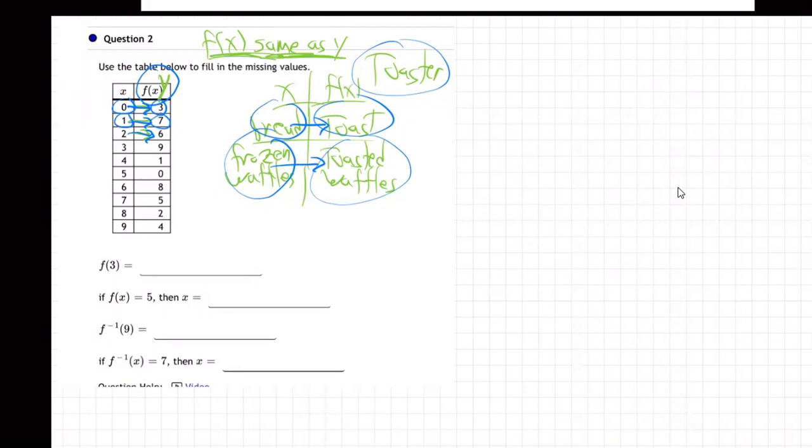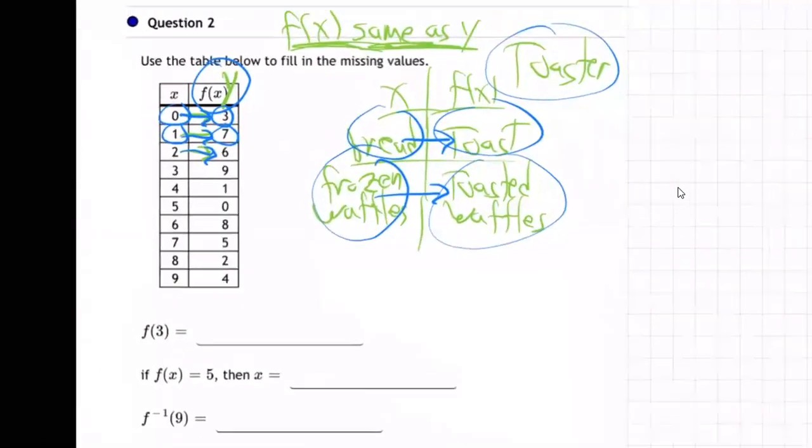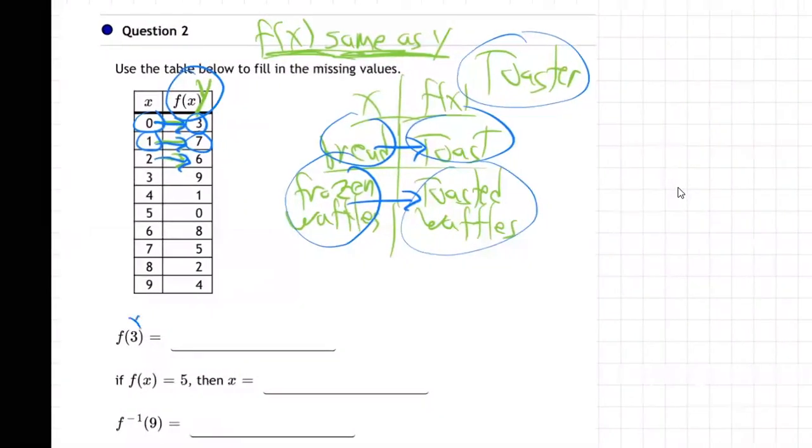Okay, coming on down, let's answer the question. They're saying, what is f of 3? Well, this is an x value, right? Because for a normal function, you put in x, and what f of x equals is y. That's why I can say it's the same as y, because it's equal to y, right? You put in x, you get out y, for a normal function.